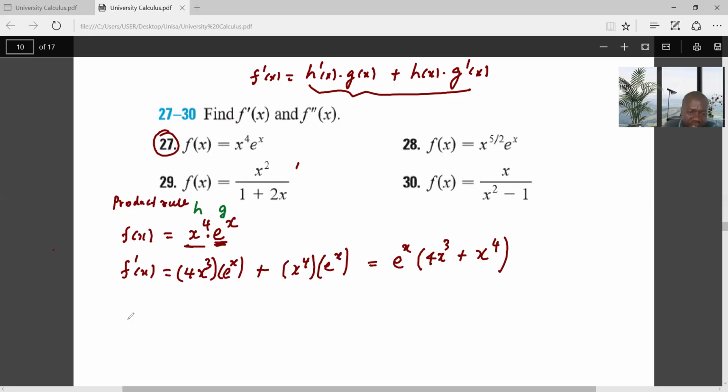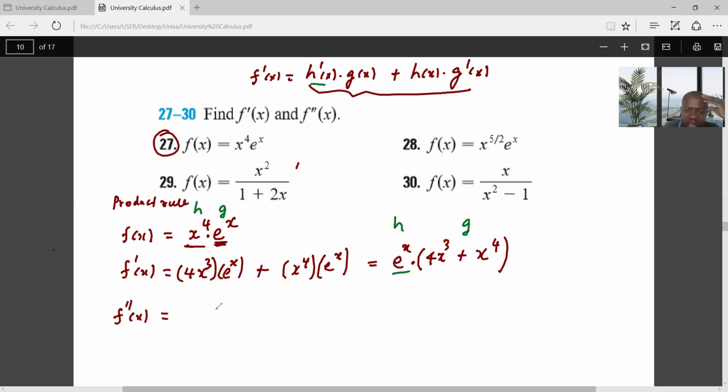So now the second derivative also. Obviously, for the second derivative we're going to do the same because it's multiplication. You can call this h and this g, then we do the same. We differentiate the first one, which would be e to the x.